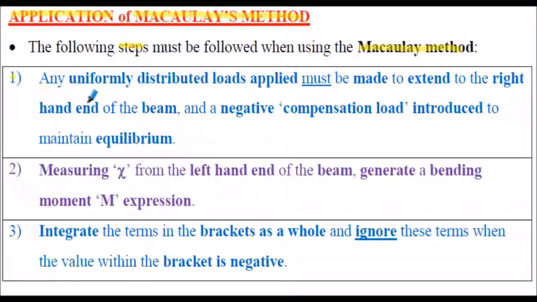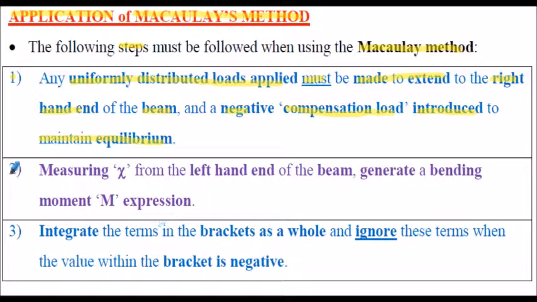If any uniformly distributed loads are applied to the beam and only run partially over the beam, we must ensure that they are made to extend to the right-hand end of the beam, and a negative compensation load introduced into the equation to maintain equilibrium. This does add slight complication when generating the bending moment across the beam, but the benefit of this method is that we simplify the overall integration process.